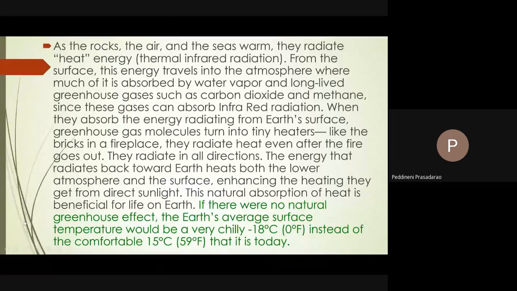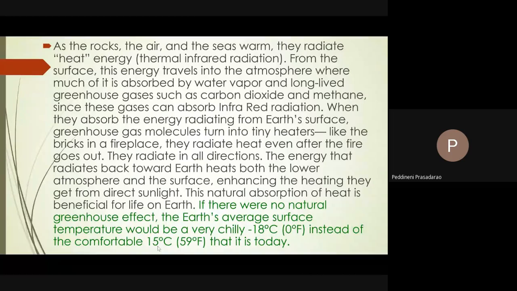But what is happening today is that, because of this greenhouse effect, we are very comfortable at an average temperature of 15 degrees centigrade. The Earth's average temperature is 14.5 to 15 degrees centigrade. That is just because of the natural greenhouse global warming that is taking place.